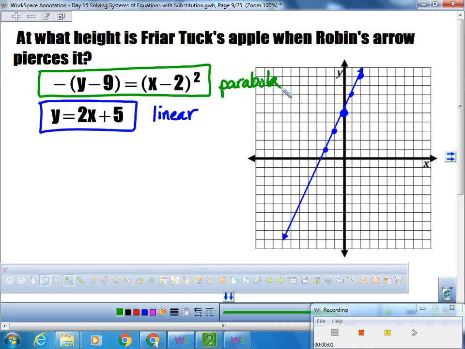The parabola has a vertex, right, at 2, 9. So I'm going to go to 2, 9. 1, 2, 3, 4, 5, 6, what? 2, 9, right there. There's my intersection. I already have it. See where it intersected right there at the vertex? So then I've got 2, 9. So then I know my parabola is pointing down.